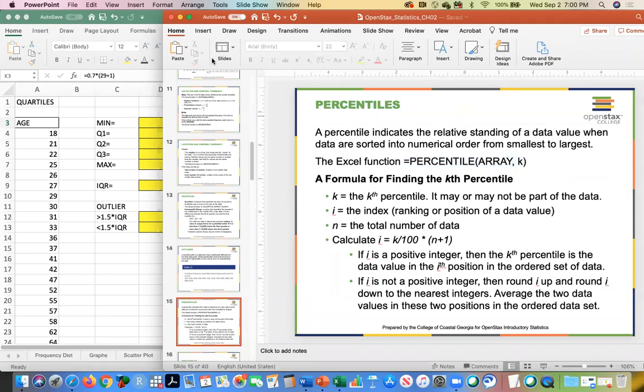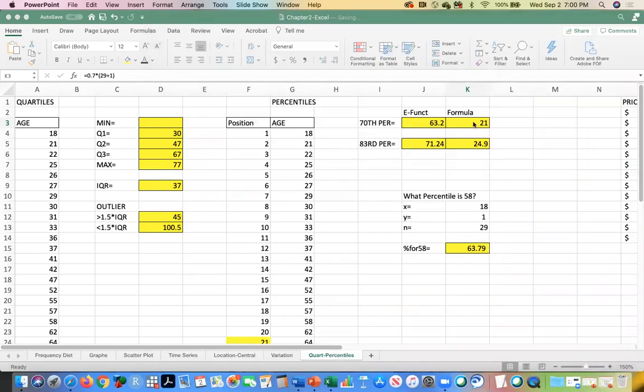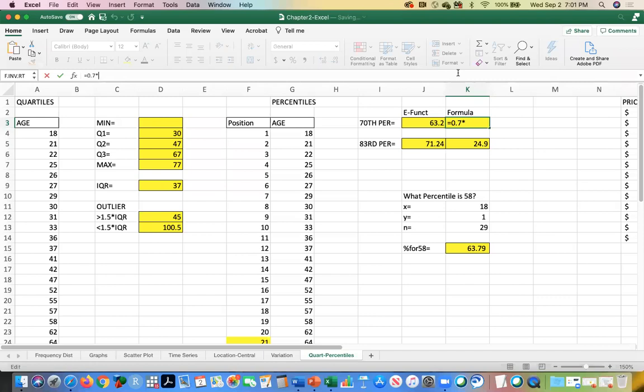So in this case, we are building a formula, and this formula is going to be equal 70 over 100 times 29. In this case, we have 29 positions, plus 1, right? So I'm always trying to maximize my computations.